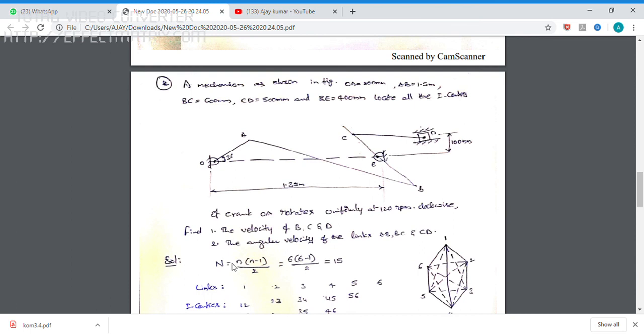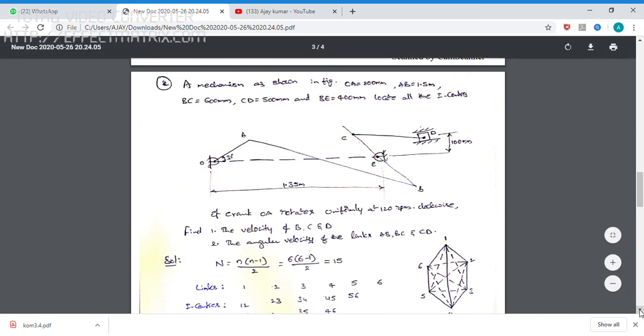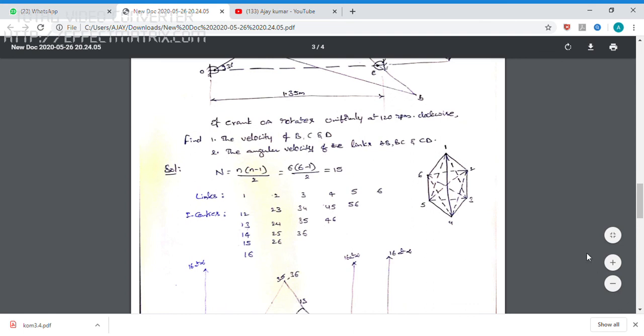Six. As per the relation for the number of instantaneous centers, capital N is equal to small n into n minus 1 by 2, which gives 15 instantaneous centers. How do we get that?